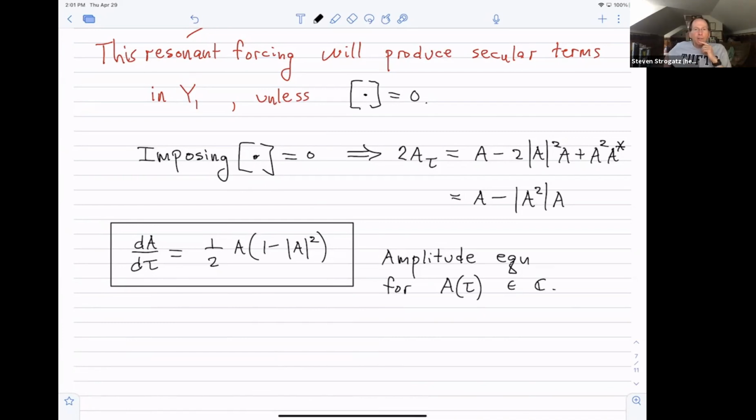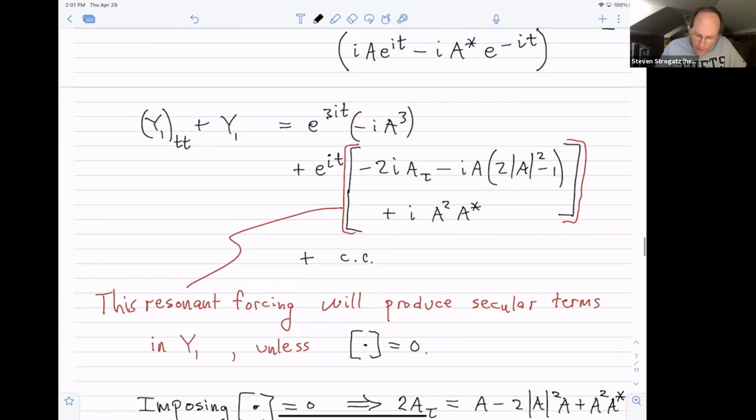Now, you might be wondering about the complex conjugate that we had in the whole thing up here. I have this equation, which is being forced resonantly by this term with this coefficient that we've set to 0. But if you're really on your game, you might be thinking, wait a second. When I said complex conjugate, that means there's going to be another term that's an e to the minus it times the complex conjugate of this coefficient, and that would also cause resonant forcing.